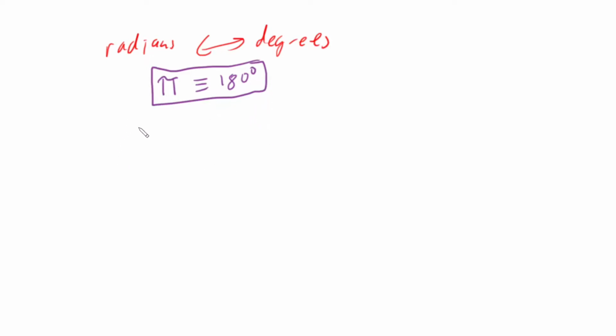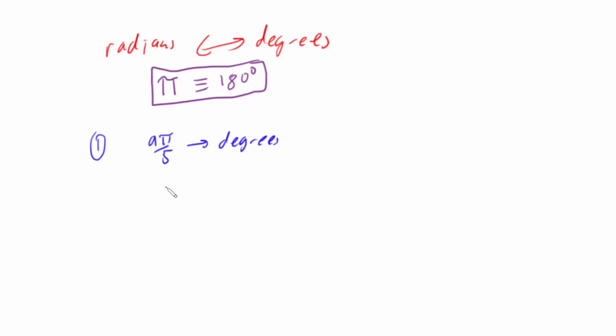So if we look at an example, say I want to convert 9 pi over 5, 9/5 of a pi in radians, and I want to know what this is in degrees. So I'm going to turn this into degrees.